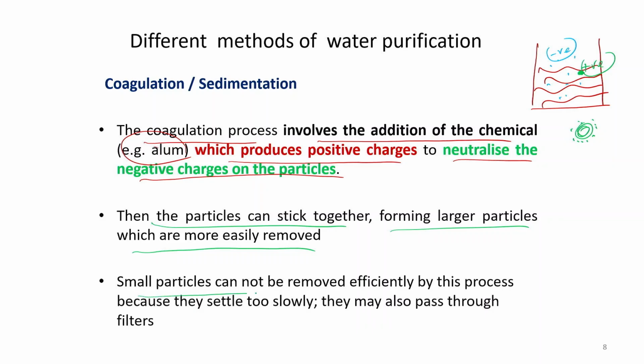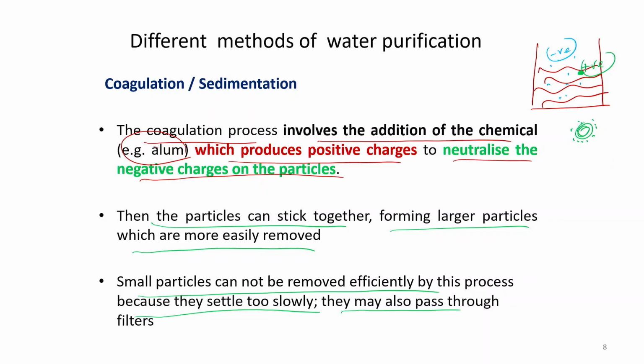So, small particles cannot be removed efficiently by this process, because very small particles settle slowly and they may pass through the filter. So, if you use alum, what will happen?